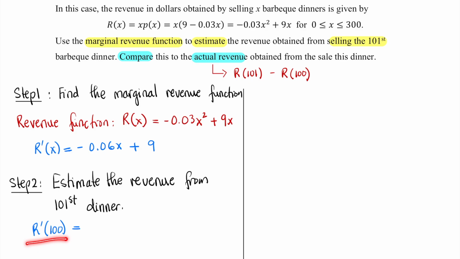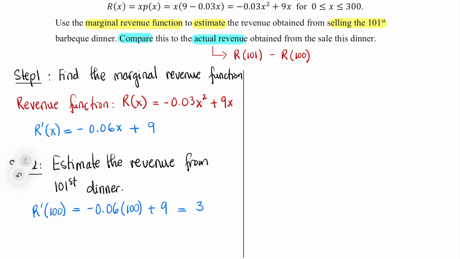R prime of 100 equals negative 0.06 times 100 plus 9. Negative 0.06 times 100 is negative 6, and negative 6 plus 9 is 3. So the marginal revenue estimate is 3. This means the revenue from selling the 101st barbecue dinner is estimated to be about $3.